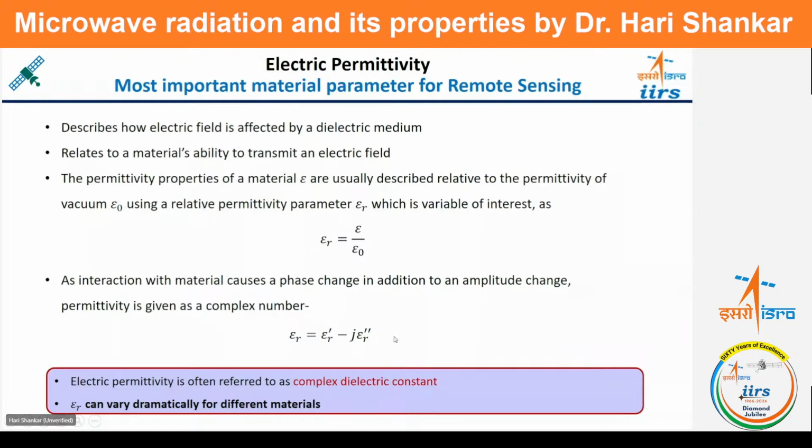In remote sensing, the real part is very important because it is related to reflection, and the second one is related to absorption. Generally in remote sensing we ignore the absorption part, as the second part indicates the loss of the signals.